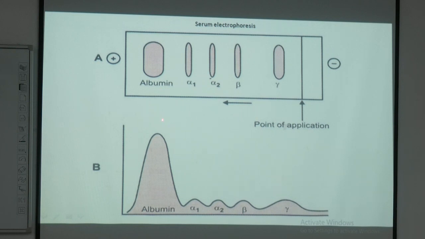After electrophoresis, it will be separated into albumin, alpha 1, alpha 2, beta and gamma globulins. Mostly the immunoglobulins are gamma, but some of the antibodies can be alpha or beta, but the majority are gamma.